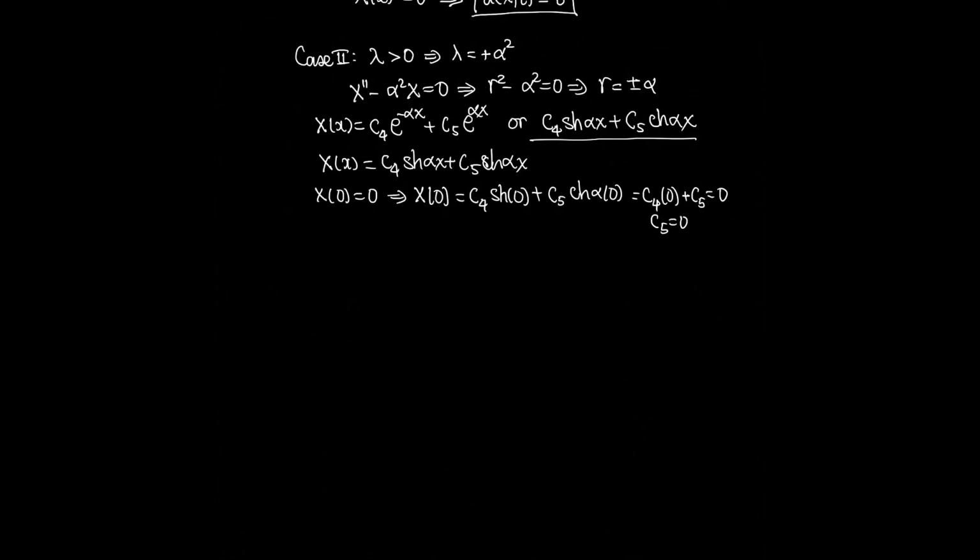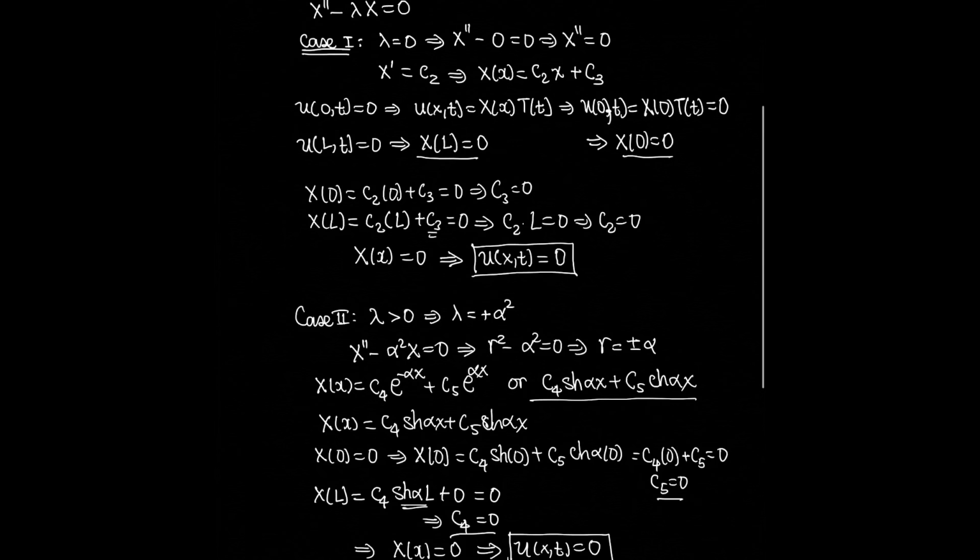Then for L, I have c4 sinh alpha L plus c5 has to be equal to 0 according to the condition. This is just a constant, so we have c4 equal to 0. So c4 and c5 are both 0, so X equal to 0. This implies that u equal to 0.